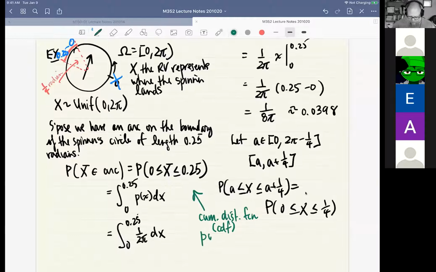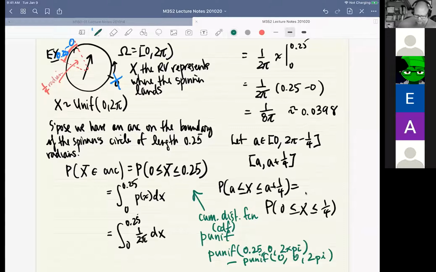And in R, the command for doing that is punif. To answer this question, we would ask, what's the value of the cumulative distribution function of the uniform distribution at the right endpoint, where the parameters of the uniform distribution are 0 to 2 times pi? And then we subtract from that the value of the cumulative distribution function at 0.